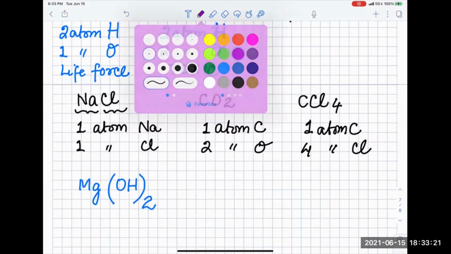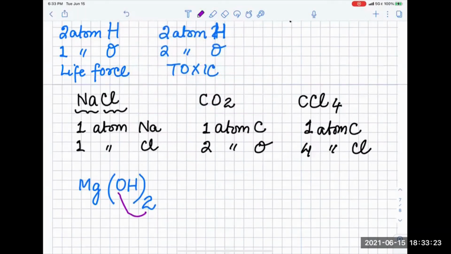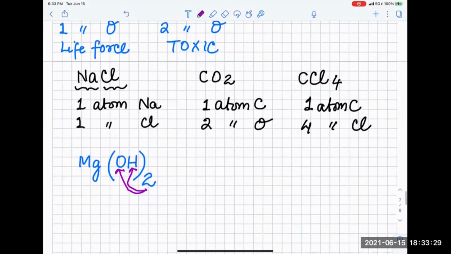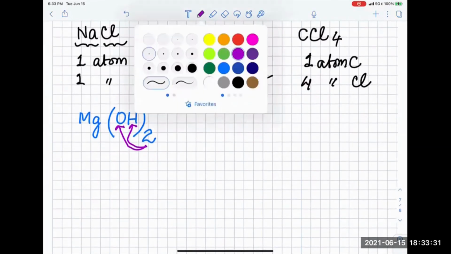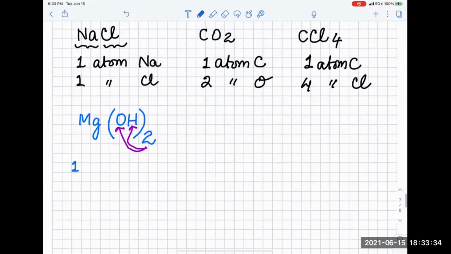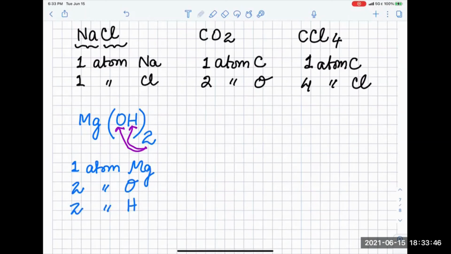This means that this 2 applies to oxygen and this 2 applies to hydrogen. Okay, so this means this molecule is made up of 1 atom of magnesium, 2 atoms of oxygen, and 2 atoms of hydrogen. Okay, let's look at another one.